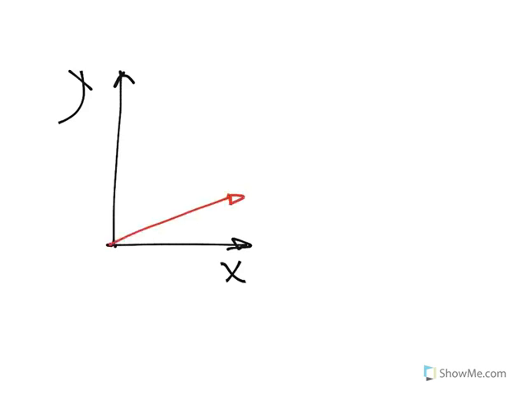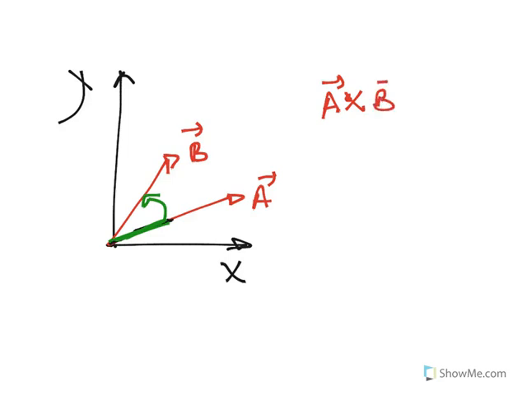For instance, if we have A here and B here, you can put your hand in the A, and you have to close it towards the B direction, which will actually make your thumb point towards outside the screen, which means that A cross B in this case goes towards the outside of the screen, while if you state B cross A, in that case it points towards the inside of the screen, because you put your hand in B and have to close towards A, and the thumb of your right hand is pointing towards the inside.